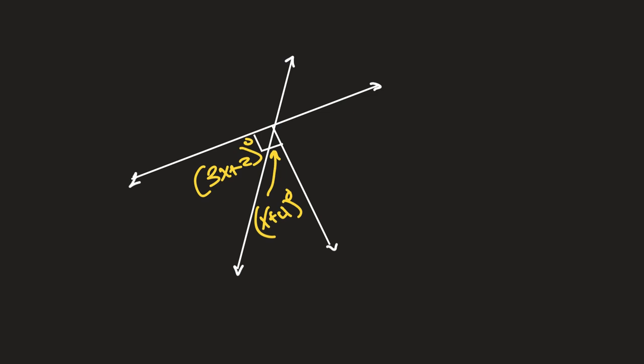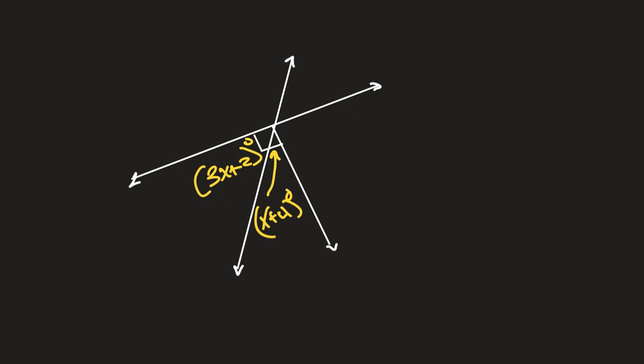Now this time, we don't know either angle measure. So what do you think we're going to do with these two expressions? What are we going to do here? Now, both angle measures are going to have to add to what? 90 degrees.